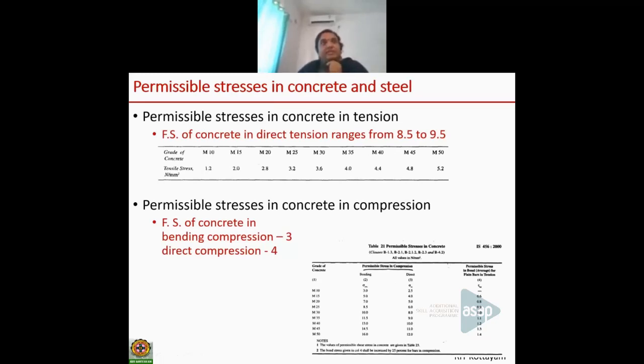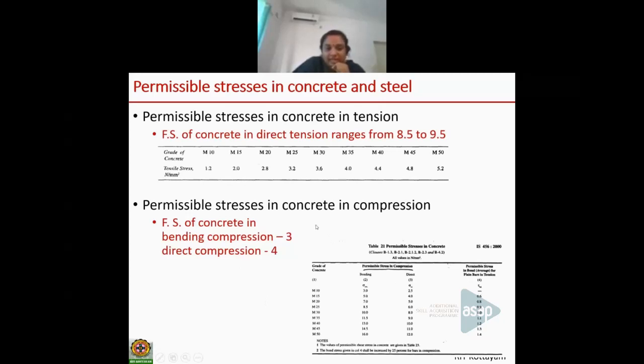You know that the tensile strength of concrete is very low, right? Approximately we can take 1/10 of that value. So a factor of safety of 8.5 to 9.5 is applied. For example, for M10 concrete, 10 by 10 should give 1, so the tensile strength is taken as 1.2 Newton per millimeter square. Depending upon the grade, the tensile strength values are specified.